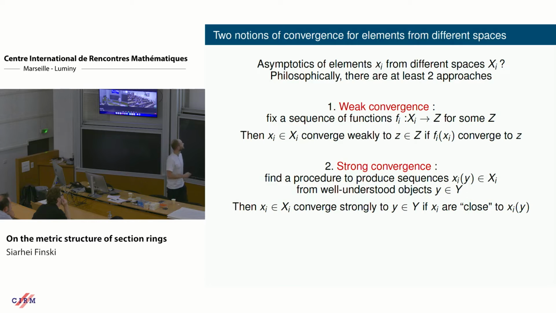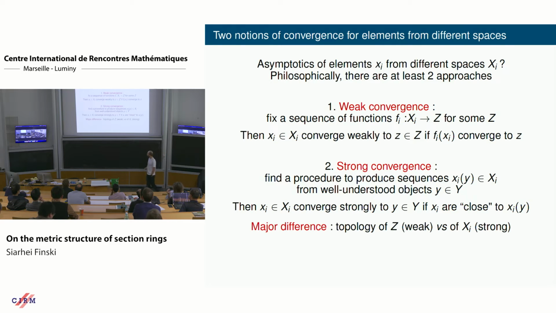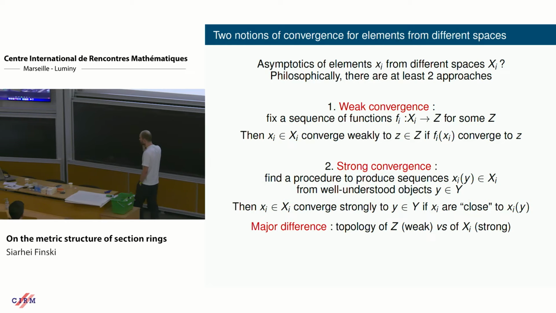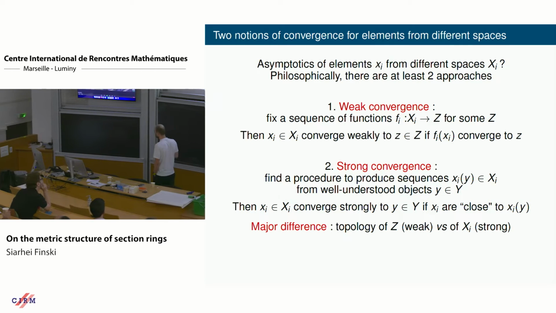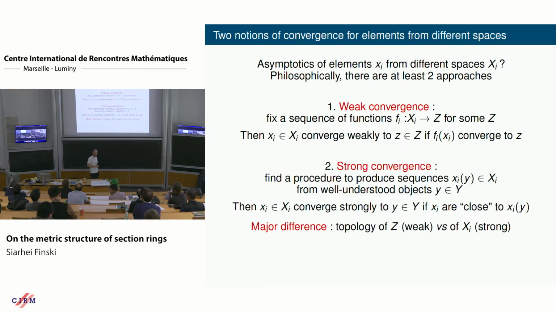And then we say that a sequence of elements in X_i converges strongly to an element in this auxiliary space Y if this sequence of elements X_i is very close to the X_i's produced out of your element y. Okay? Those are two different notions of convergence, and the major difference between them is that in weak convergence, I'm actually using the topology of the target space, whereas in strong convergence, I'm using the topologies of all my sets X_i. Okay?